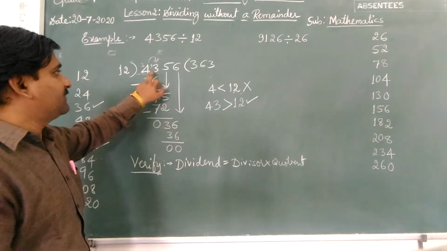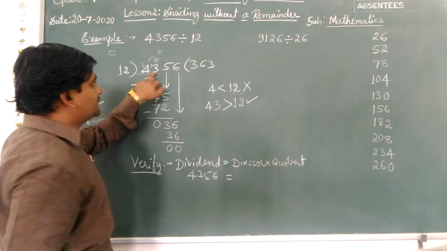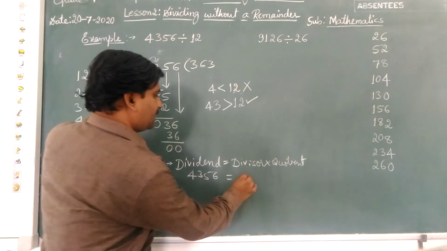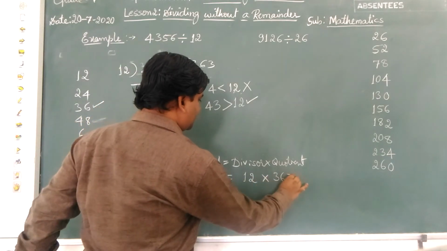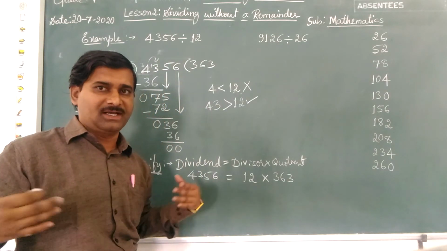The dividend is 4356. The divisor is 12. The quotient is 363. If we get the same answer on both sides, then we are correct.